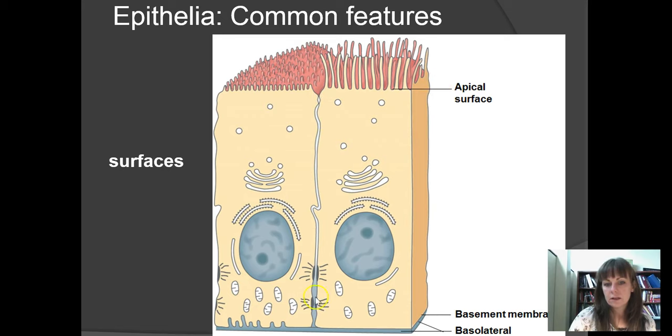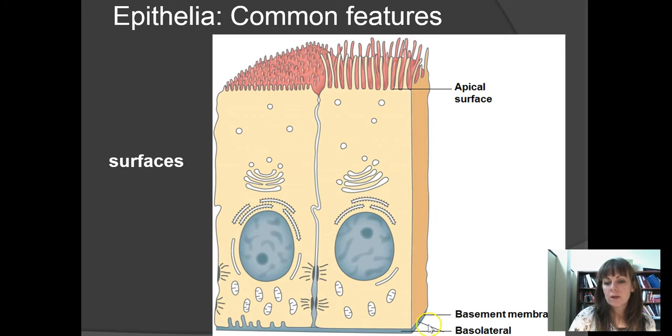This here and this over here is called the sides. And down here at the bottom, the part that would be closest to connective tissue is going to be the basal surface. Now they call it basolateral, meaning the base and the sides.